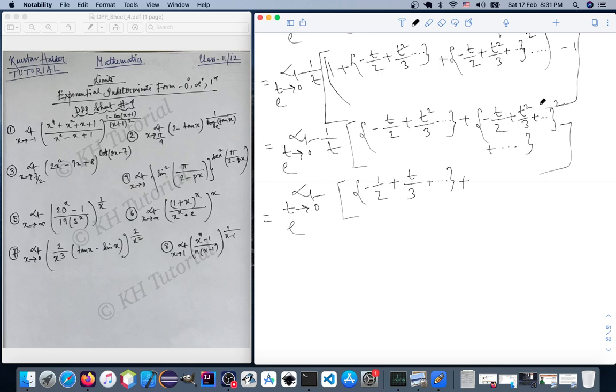So basically if we bring the 1 by t inside, the only term that will be independent of t is minus half. All the other terms will have some power of t.